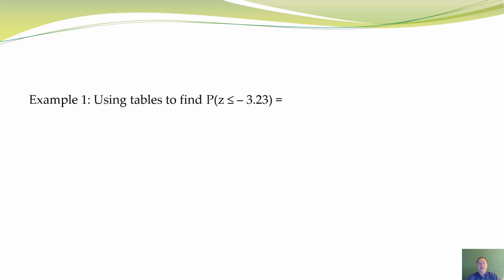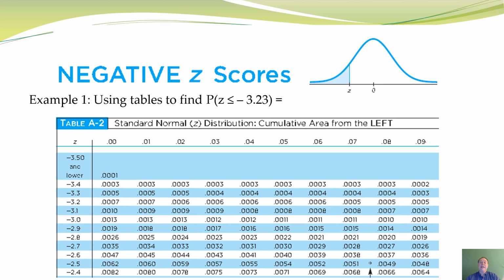Okay, an example. Using tables to find the probability z less than or equal to negative 3.23. Well, first, your z-value is negative, so you're going to go to the negative z-scores. Next, find negative 3.23 in the table. Down the left side of the table, you will see z-values. These are only one decimal place.